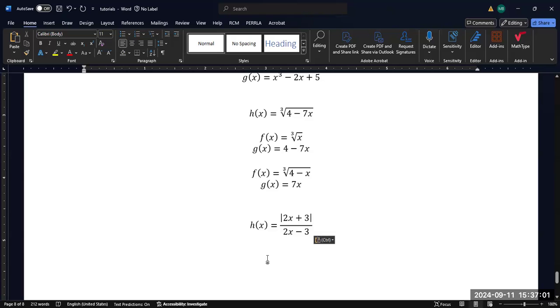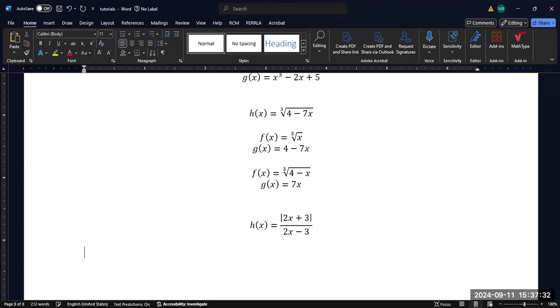Now, in this example, if we had identical numerator and denominator, so this was 2x minus 3 and 2x minus 3, then I would say make your inside function 2x minus 3, and then the outside function would be the rational thing. However, in this case, we can't do that because the signs are different. So there are still other ways that you can decompose this.